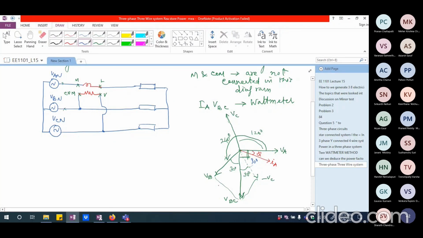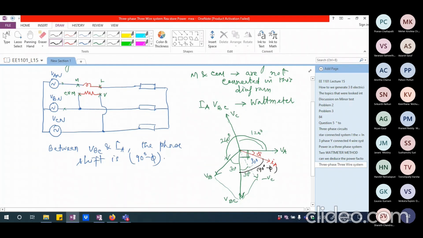So between VBC and IA the phase shift is 90 minus phi. Am I right? That is going to be 90 minus phi, because this entire thing is 90 and this is phi. So I am looking at the phase shift between IA and VBC, and this is going to be 90 minus phi.